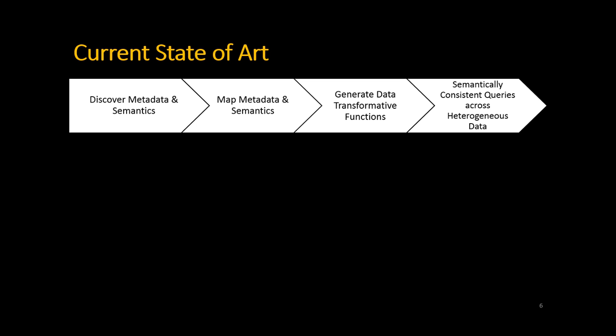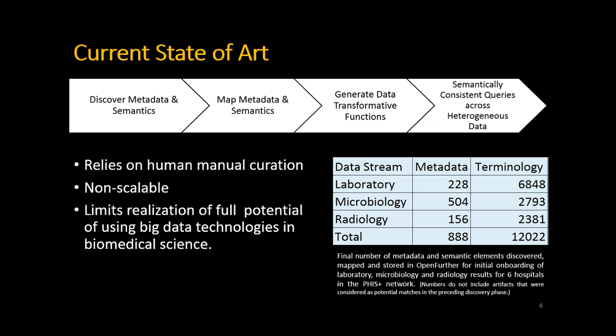The current state of the art relies a lot on human expertise for discovering metadata, mapping the metadata and semantics, developing transformative functions, and then having a way for semantically metadata-driven integration. We did some work with the current implementation of the platform OpenFurther. One example is the FISPUS project, which had over 12,000 mapping artifacts done as a part of the data integration effort.